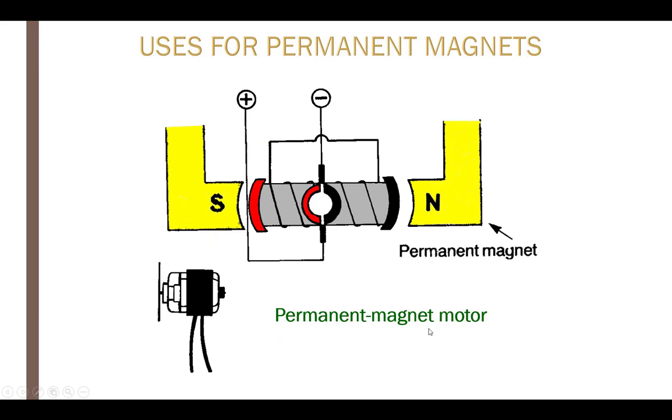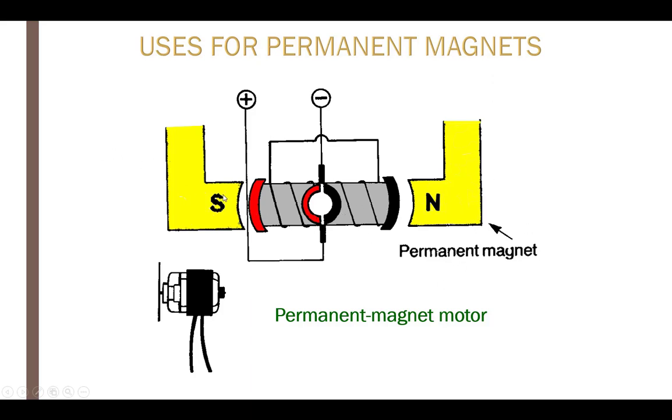Here's a permanent magnet motor, and just like the meter we talked about before, here I have permanent magnets, and here I have conductors. When I run current through these conductors, that causes this to become magnetized. Now this is an electromagnet, and again, I've got a magnet here and magnets out here.